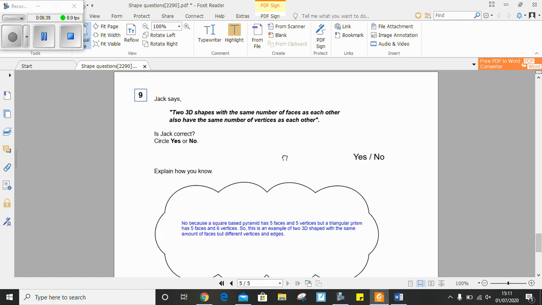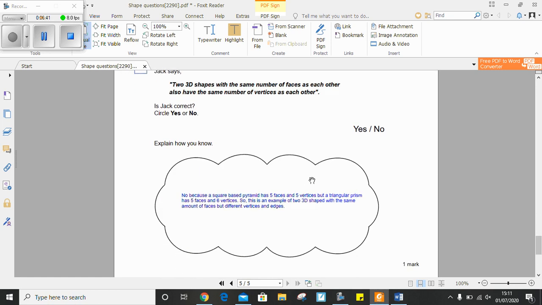So I've put no, because a square-based pyramid has 5 faces and 5 vertices, but a triangular prism has 5 faces and 6 vertices. So this is an example of 2 3D shapes with the same number of faces but different vertices and edges. So remember, when you're using that reasoning, make sure that you are using because to explain your answer.